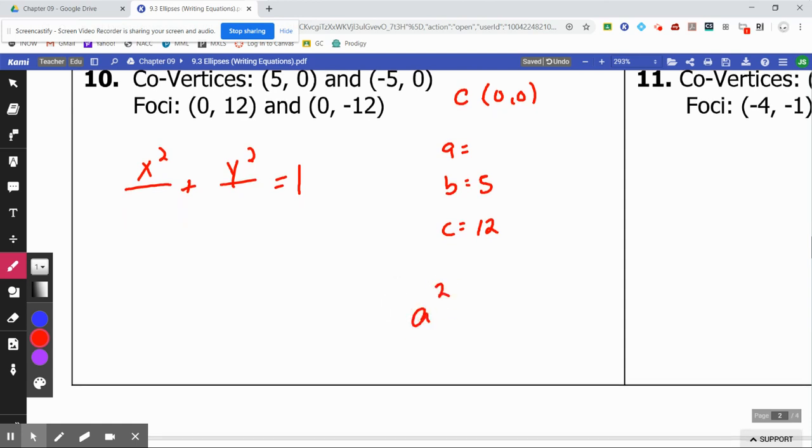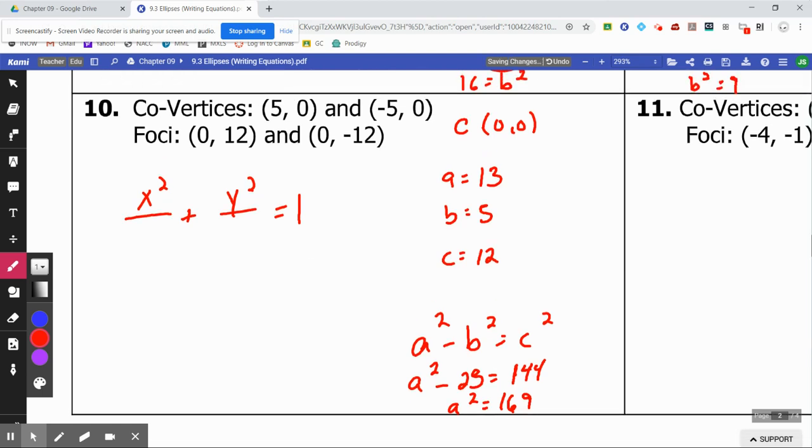You can do A squared minus B squared equals C squared. So that'd be A squared minus 25 equals 144, which gives you A squared is 169, so A would have to be 13. Let's use our foci, because we know the foci are going to be on your major axis.